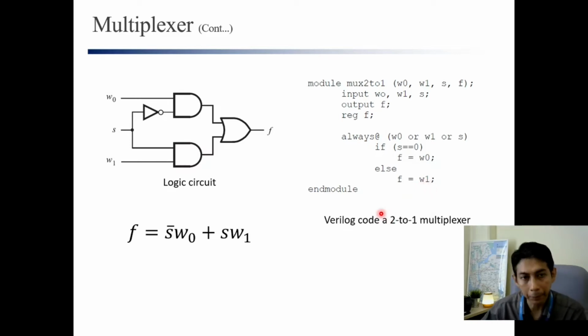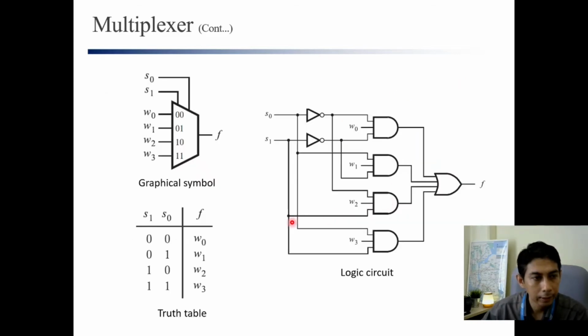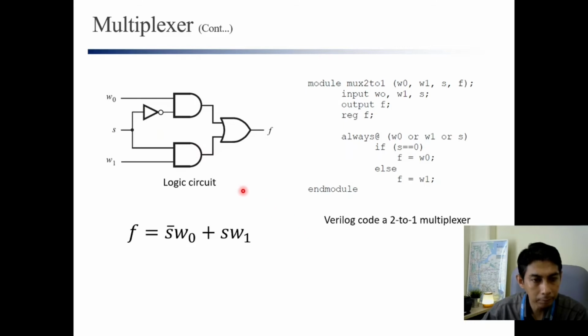Very simple, very easy. And we can also use data flow modeling to model the multiplexer, using the equation.